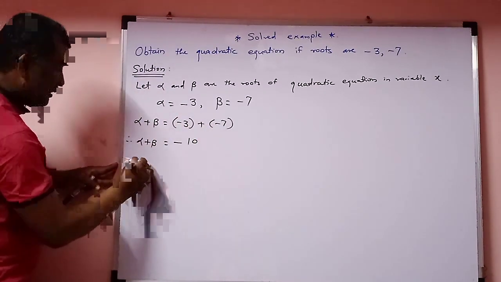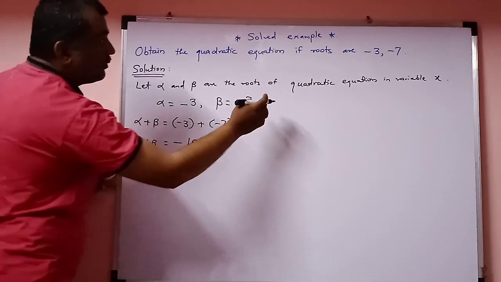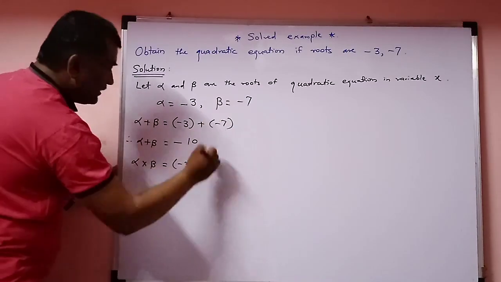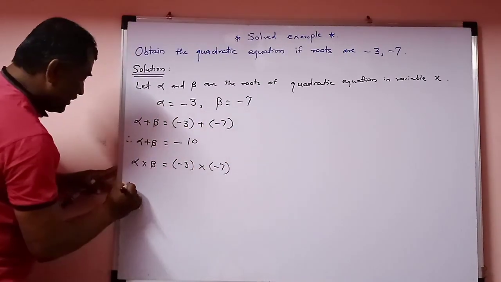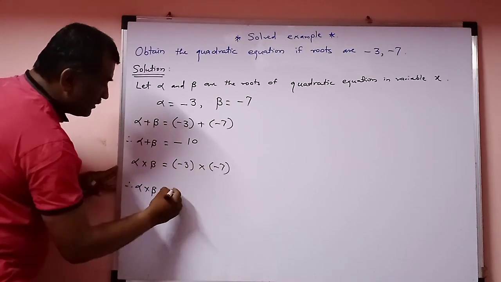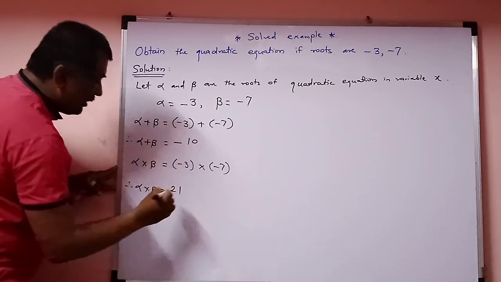Then find the value of alpha into beta is equal to minus 3 into beta ची value काय पहा minus 7. Therefore alpha into beta is equal to minus into minus plus, 7 threes are 21.